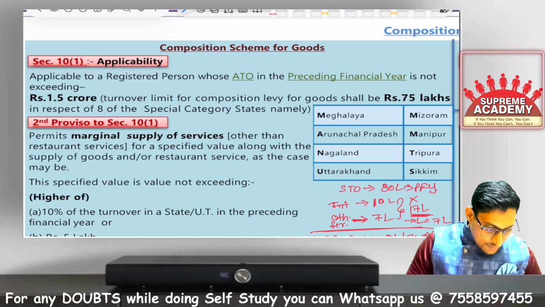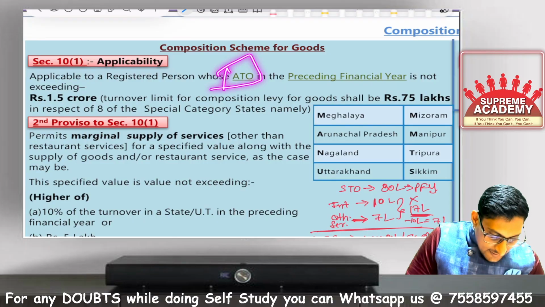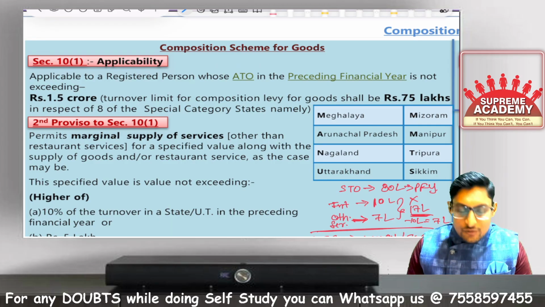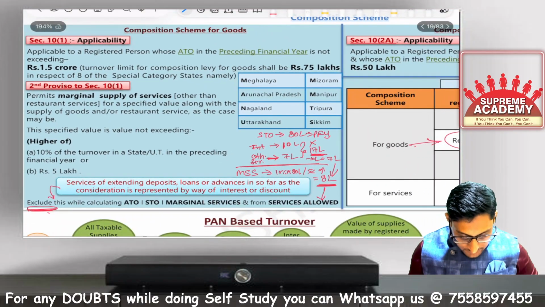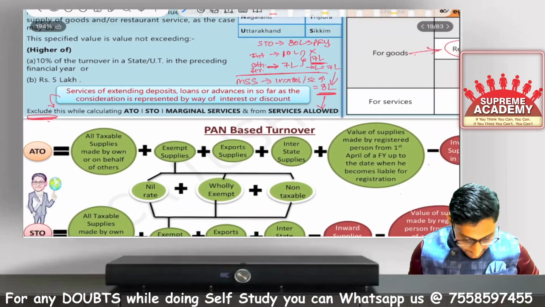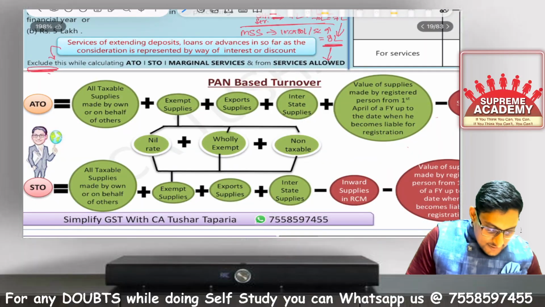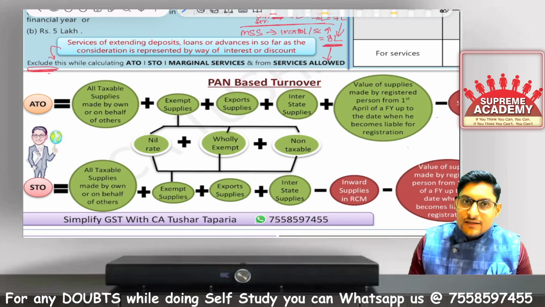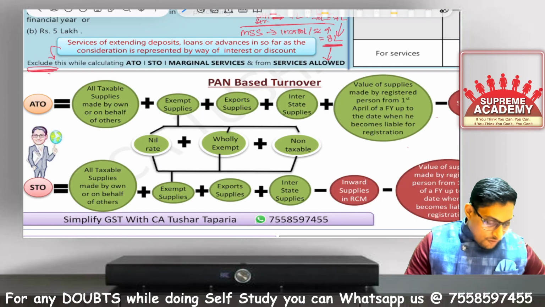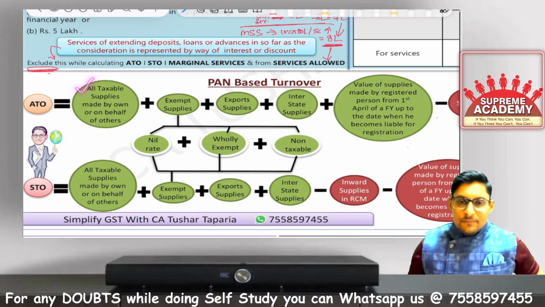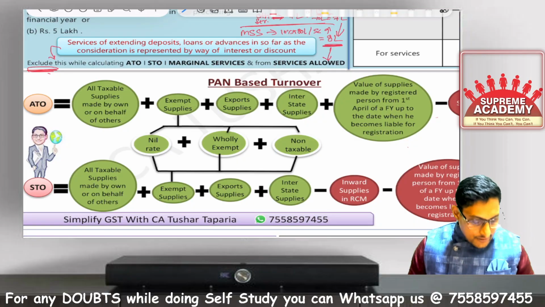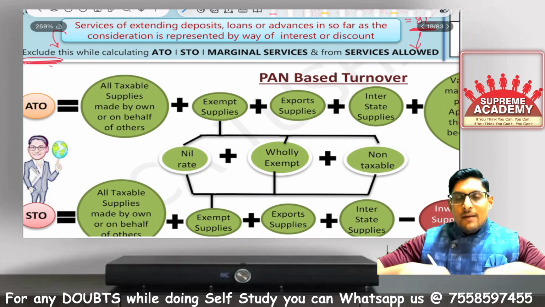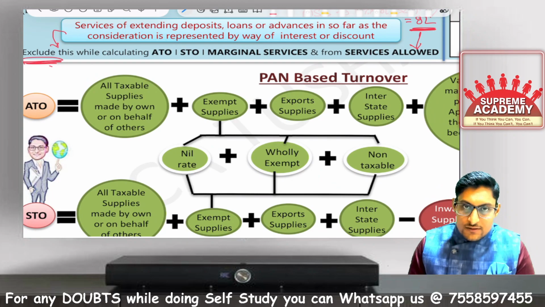Now, continuing with the portion. Sir, here is the word aggregate turnover. What do we mean by the word aggregate turnover? See here, aggregate turnover is a PAN based turnover, a turnover on a single PAN basis all over India. First of all, there are all types of taxable supplies, either made on your own or on behalf of others.